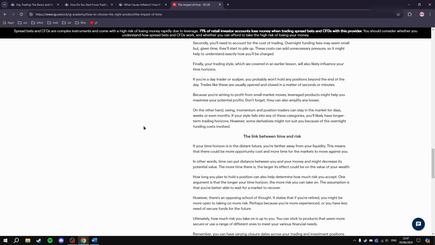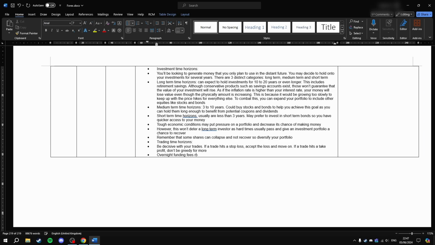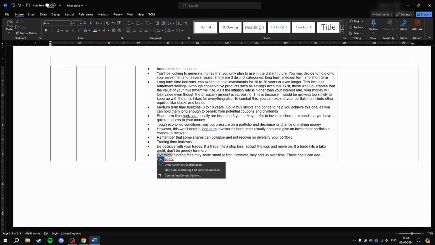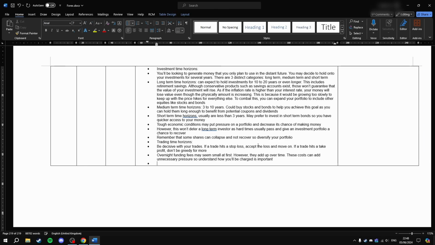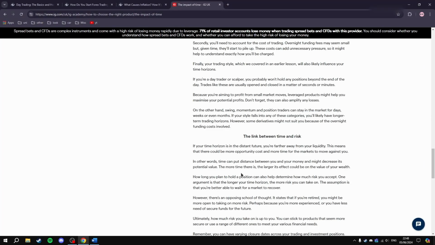These costs can add unnecessary pressure, so it might help to understand exactly how you'll be charged. Okay.